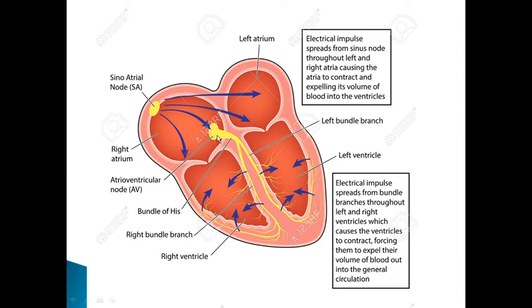And the impulse will spread rapidly through the special fibers, called His fibers, from the inter-ventricular septum to the walls of both ventricles, in order to stimulate the ventricles to contract. So this will allow the contraction of the ventricles to pump the blood. So this is the mechanism of heartbeat.